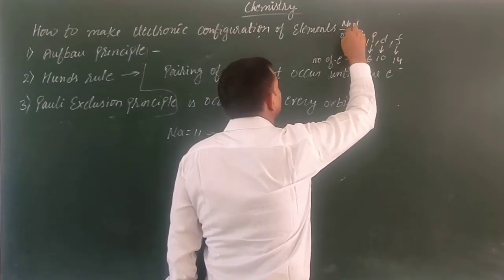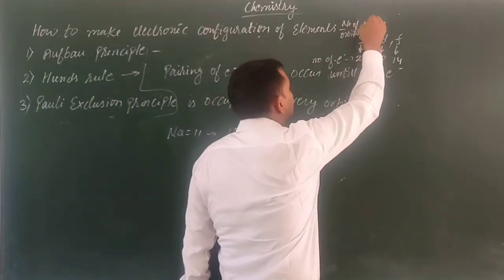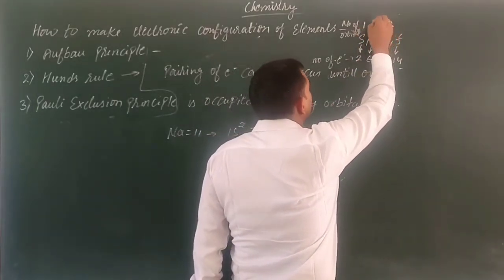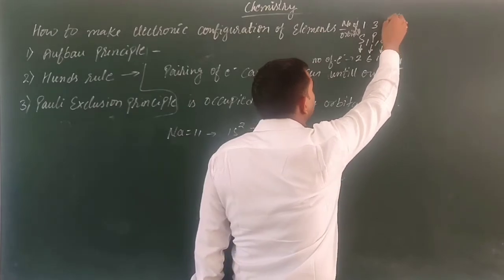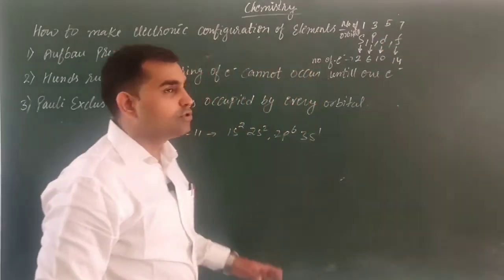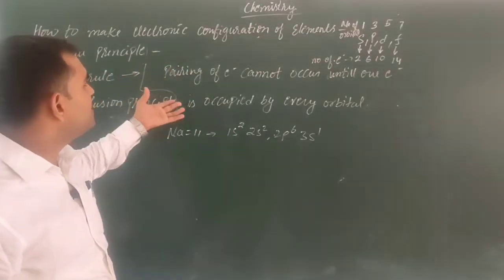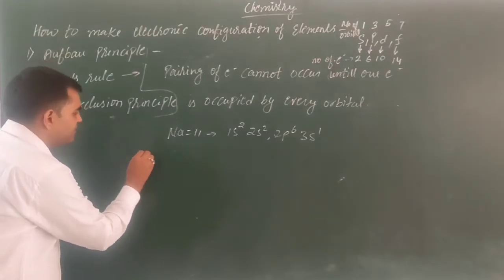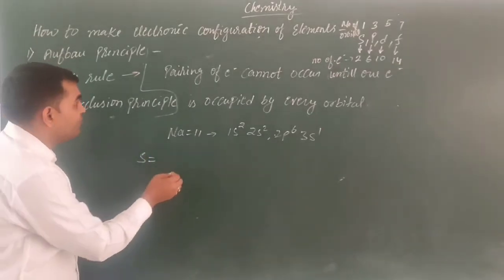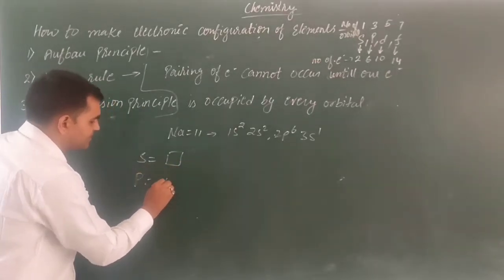There are numbers of orbitals also: for s the number of orbitals is 1, for p the number of orbitals is 3, for d the number of orbitals is 5, and for f the number of orbitals is 7. So let's see it. If we take an example of s, in s there is 1 orbital. In p, there are 3.